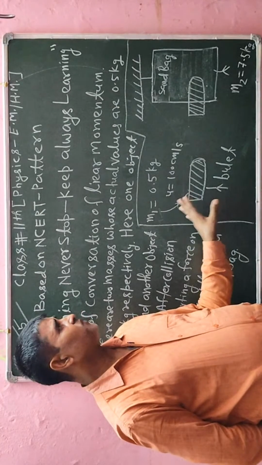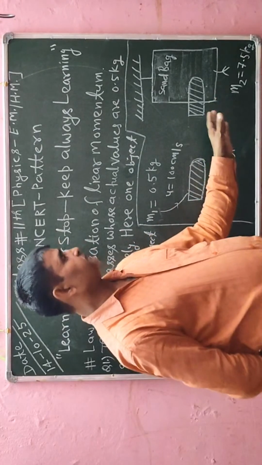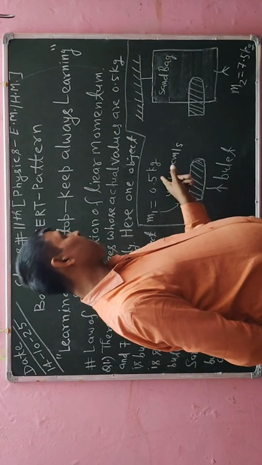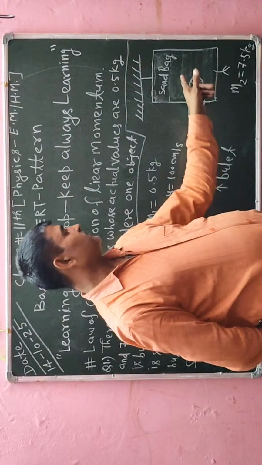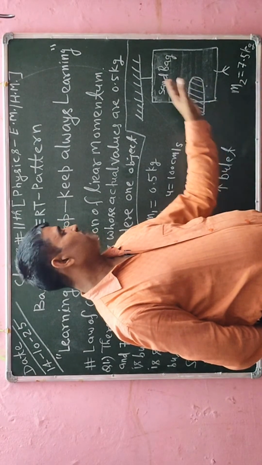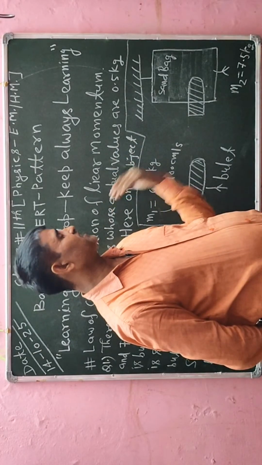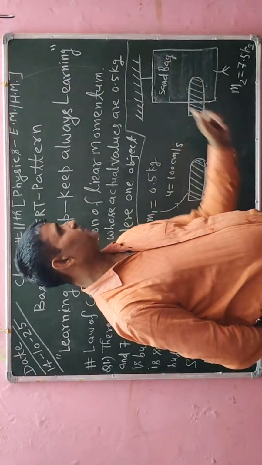This is the momentum before the collision, and this is after the collision. The bullet has mass m1 and velocity u, and the bag has mass m2, but it is moving in the opposite direction, while the bullet is moving in the forward direction.